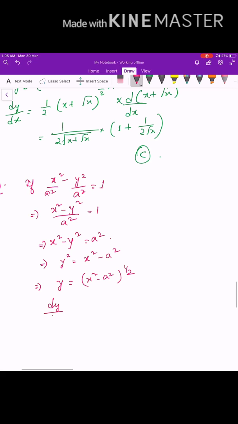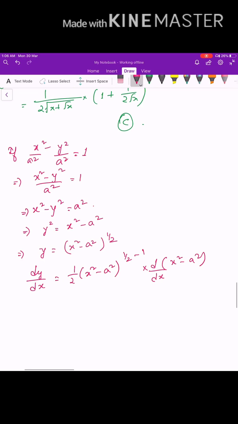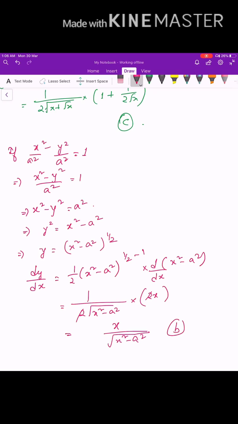So dy by dx, x to the power n. So n into x to the power n minus 1 into chain rule, right? Because this is x square minus a square and not just x. So this becomes this into 2x minus 0. So the final answer is x by under root x square minus a square, which I think is option E.